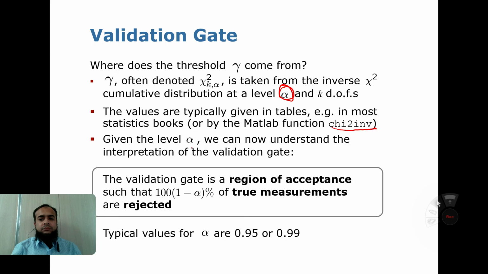Given the level alpha, we can now understand the interpretation of the validation gate. Suppose the validation gate is a region of acceptance, such that 100 times (1 minus alpha) percent of true measurements are rejected. The typical value of alpha is 0.95. So what is alpha? Alpha is the probability of the chi-square distribution.